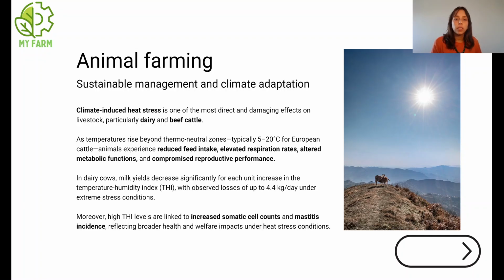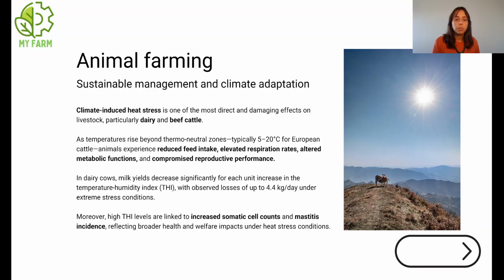Climate-induced heat stress is one of the most direct and damaging effects on livestock, particularly dairy and beef cattle. As temperatures rise beyond the thermoneutral zones, which typically are between 5 and 20 degrees Celsius for European cattle, animals experience reduced feed intake, elevated transpiration rates, altered metabolic functions, and compromised reproductive performance.